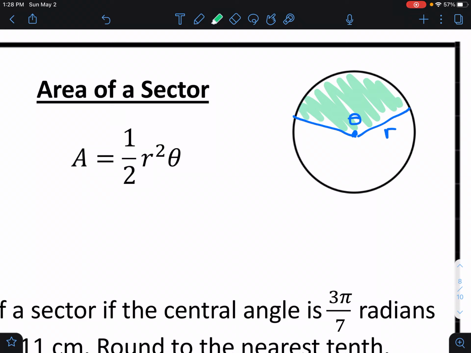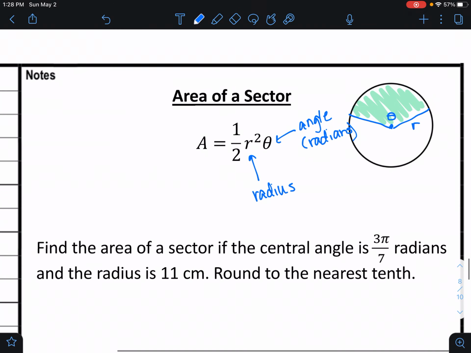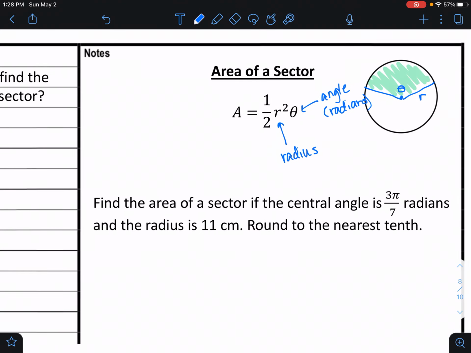This is a sector. Okay, that shaded region right there. So this is the same. It's still your radius. And once again, this is still your angle, the central angle, but it does need to be in radians.